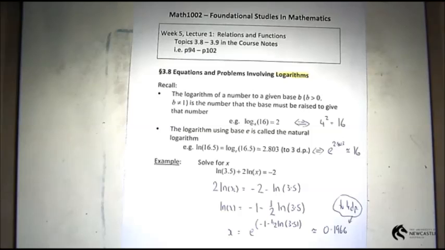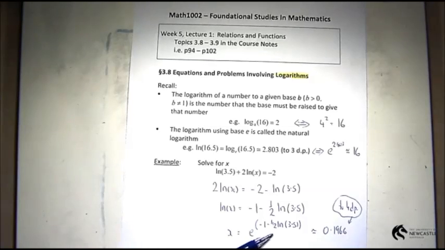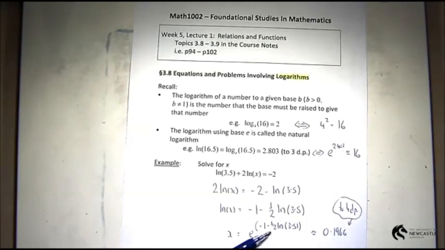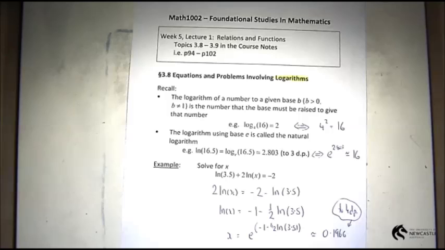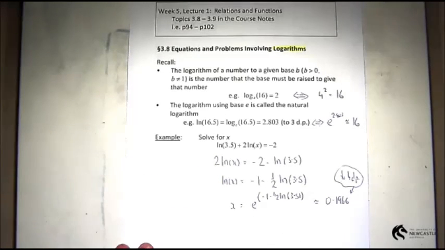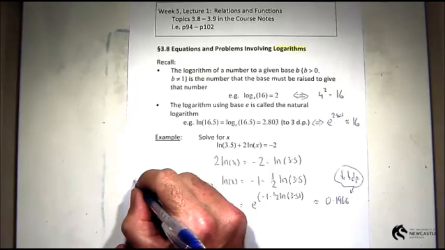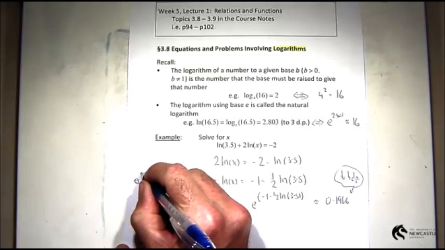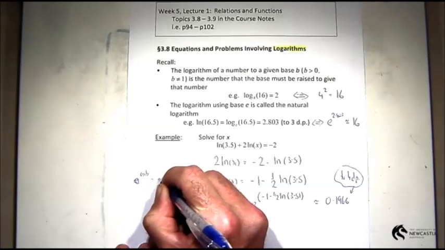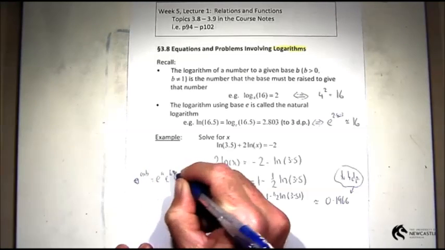Now, that answer as it sits looks a little bit different to this answer over here, but we know some laws of indices sitting in here. For example, I know that e to the a plus b is e to the a times e to the b.